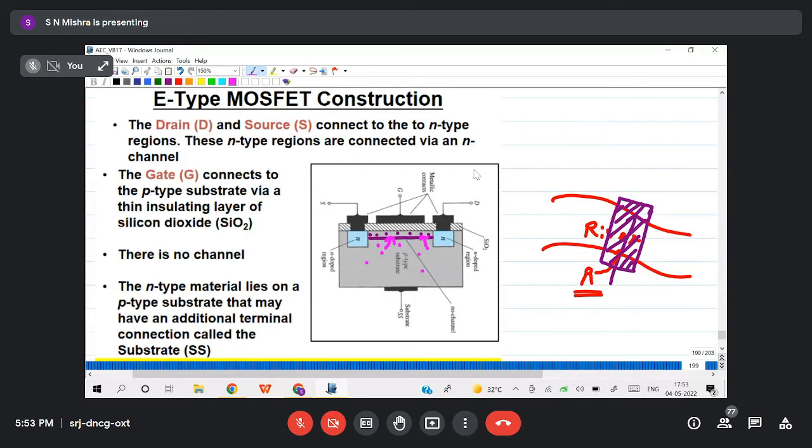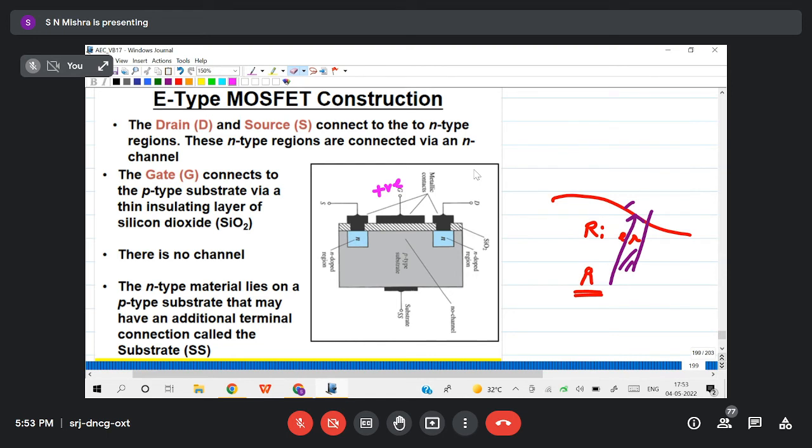Sir, positive. I must connect a positive voltage so that holes will be repelled back and electrons will be attracted toward the channel. Even if I connect just 0.1 or 0.2 volt, that is not sufficient, because the channel should be strong enough to sustain the flow of carriers.